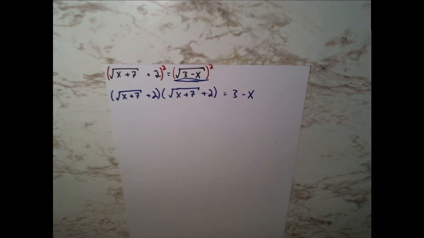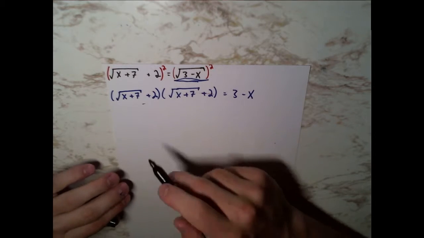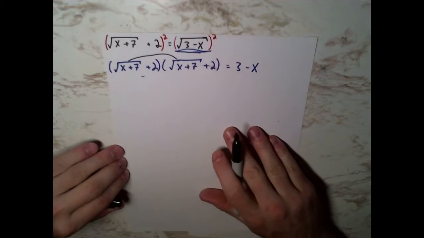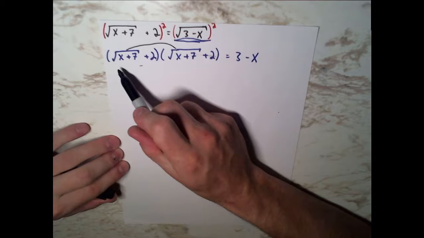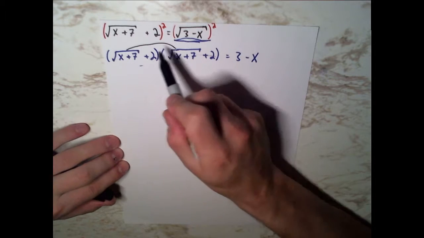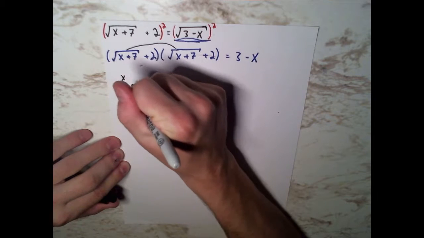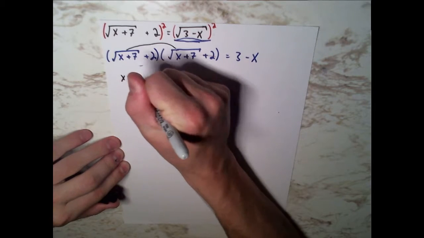So what we're going to do is just FOIL this out. We're going to multiply the two first terms together. So root x plus 7 times root x plus 7 is actually just going to give us x plus 7.